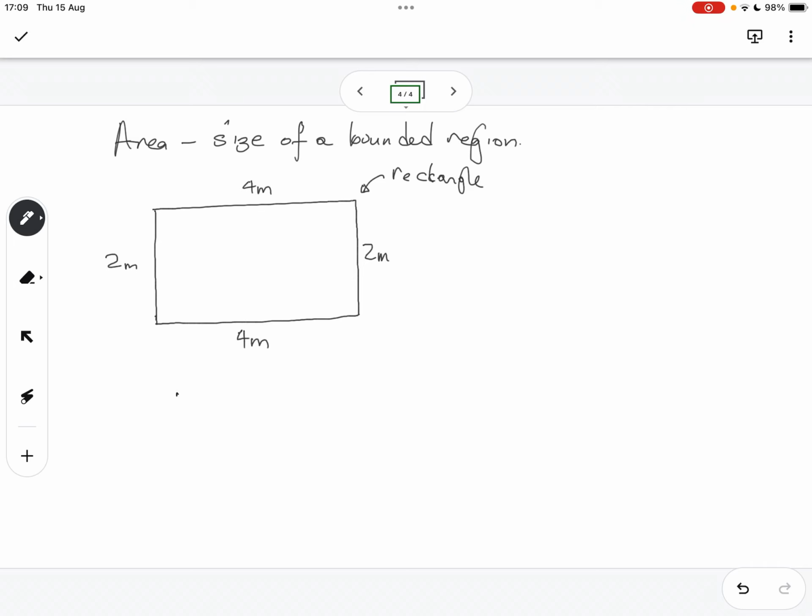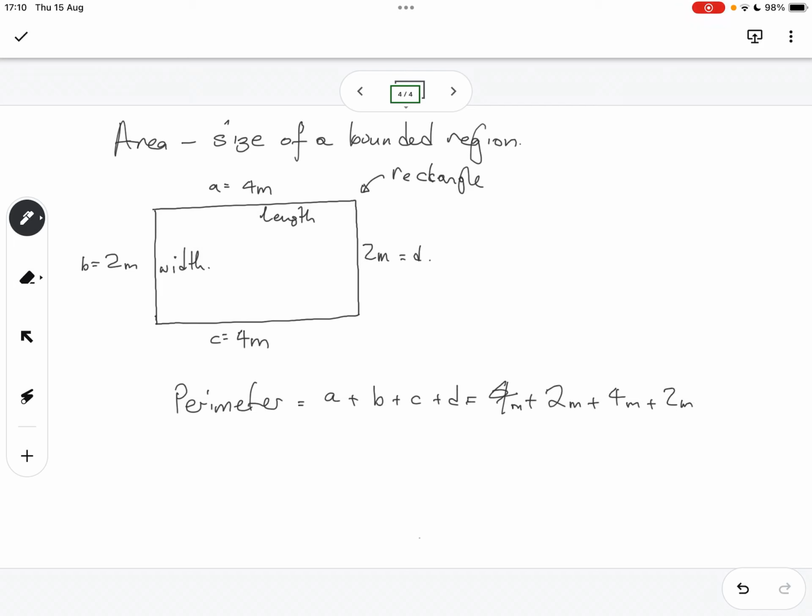So now, the perimeter would be the length. Let's call that A, B, C, and D. So this is the length, and this is the width. The perimeter would be A plus B plus C plus D. And when we add those, it'll be 4 meters plus 2 meters plus 4 meters plus 2 meters.